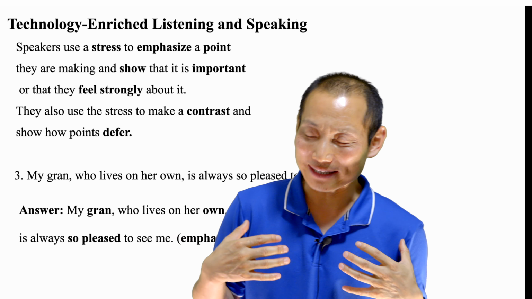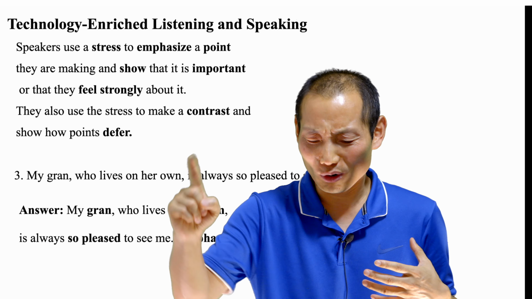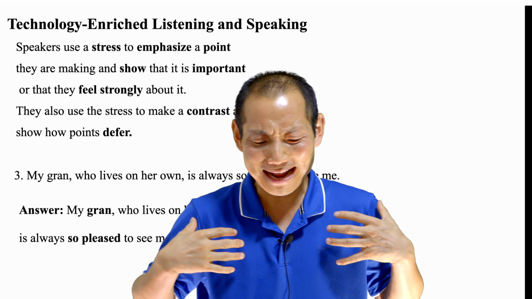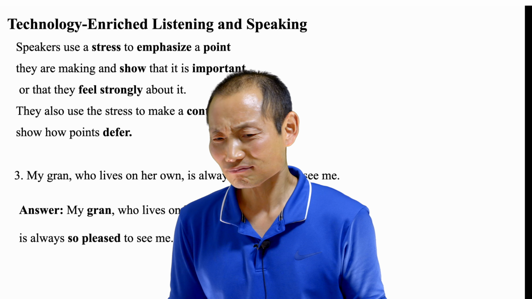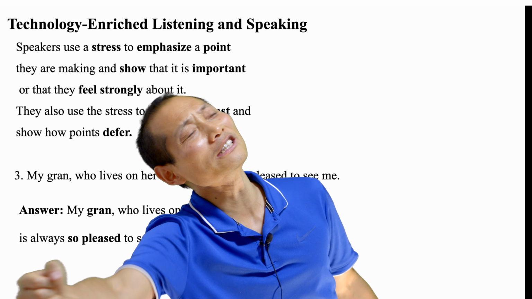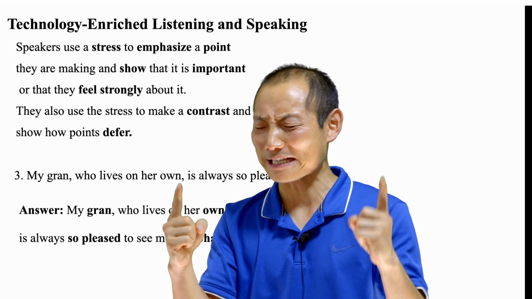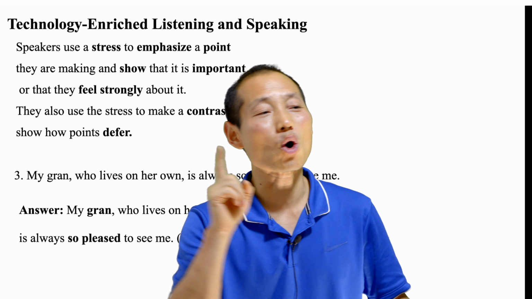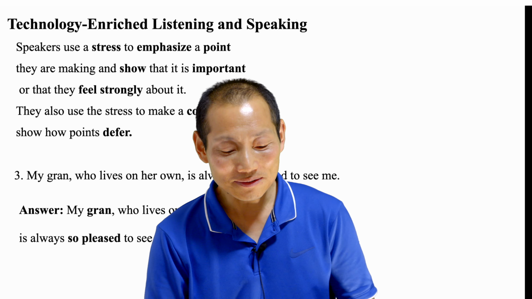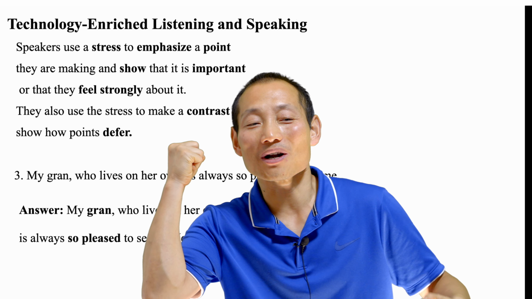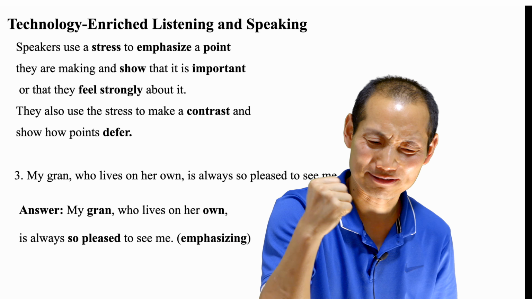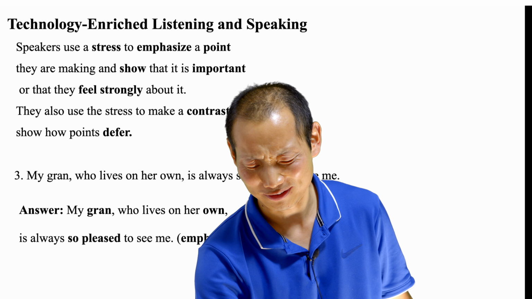My grandma, not anybody else. How does she live? On her own, not with others, but by herself. So we want to tell who and how, right? So this is more like emphasizing. I want to tell you, this is what I want to say.